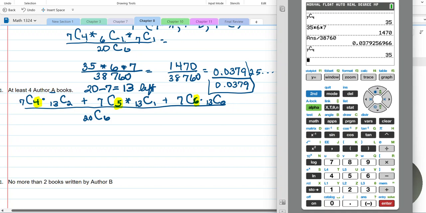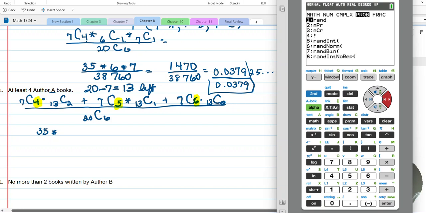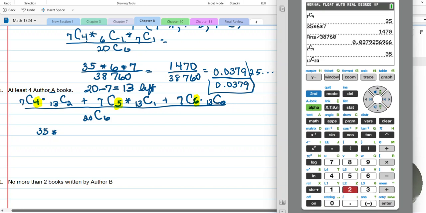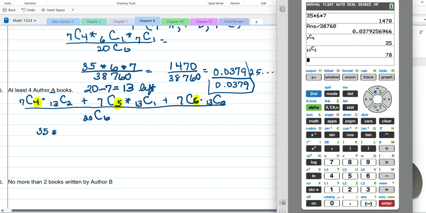That's 35. Remember, you can do it all at one time. I'm just making sure you don't get lost in the lecture. And that's 78.